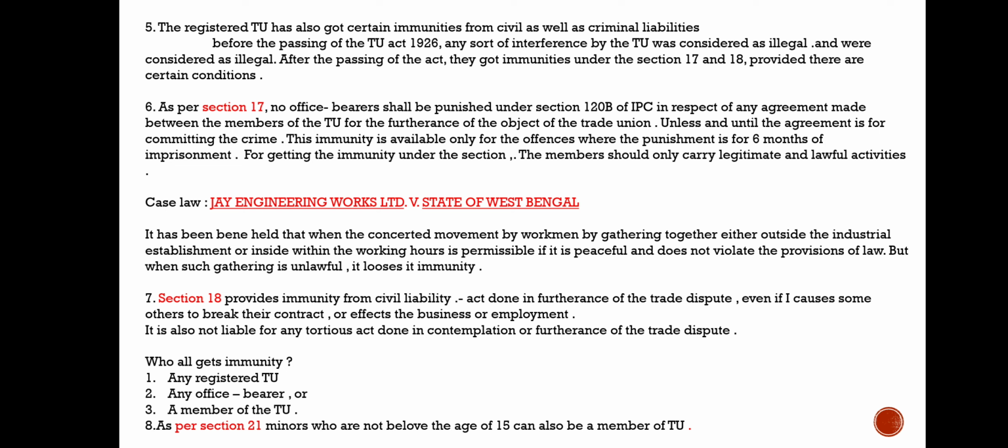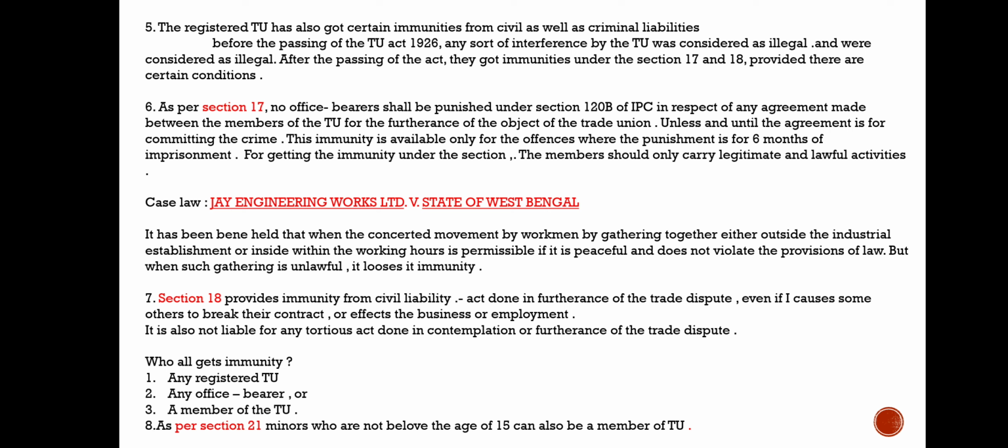brought in. So, as per section 17, no office bearers, the executors, no office bearers shall be liable for any punishment under section 120B of the Indian Penal Code if such an activity is for the furtherance of the object of the trade union.